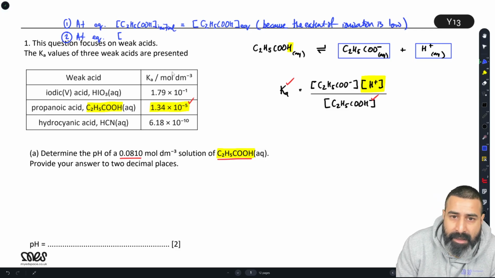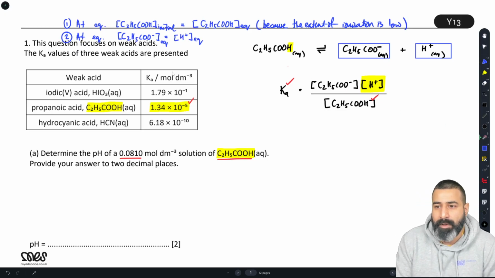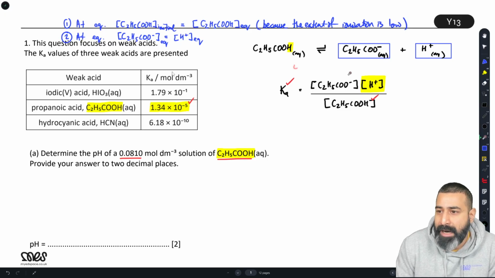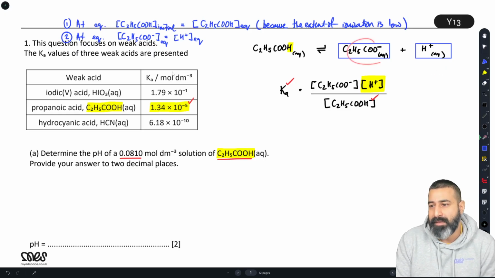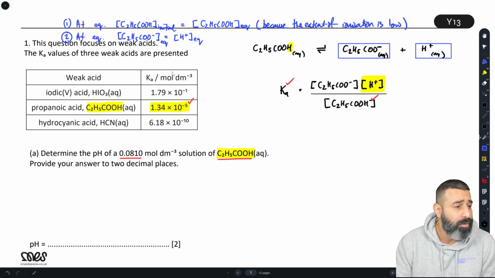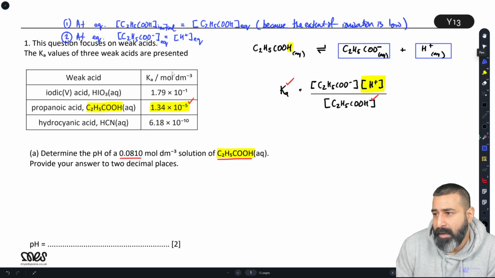So we're just going to say that the concentration of the propanoate ions, or more generally the A minus ions, equal the concentration of H plus ions at equilibrium. So if we lose X amount of the reactant, we're going to get X amount of the propanoate ions and X number of moles of the H plus ions. So if that's X and that's X, these guys are equal to each other.